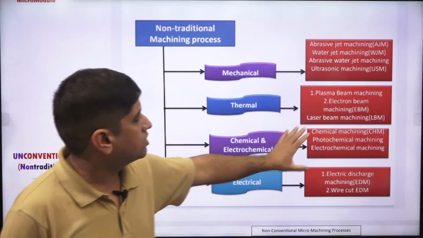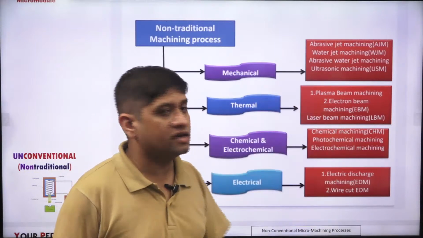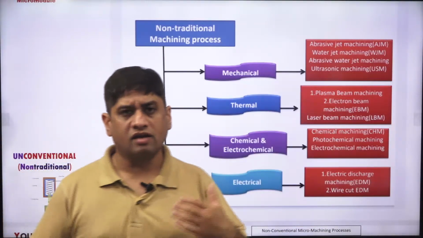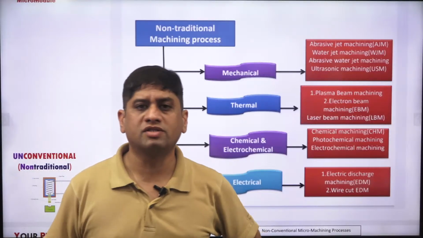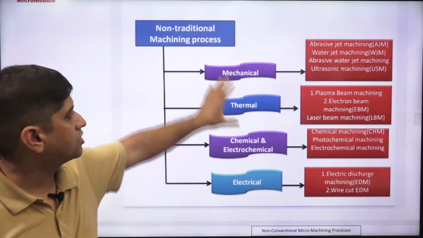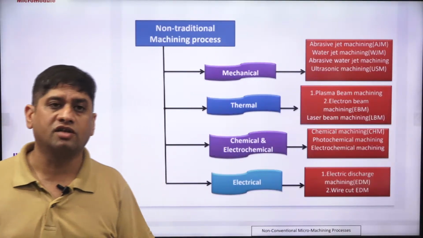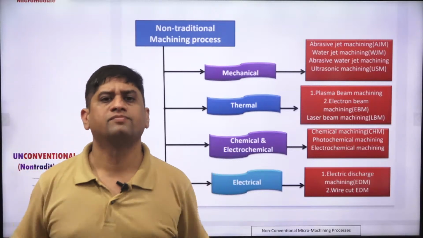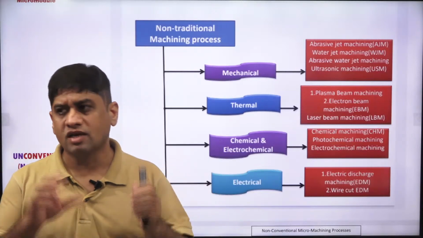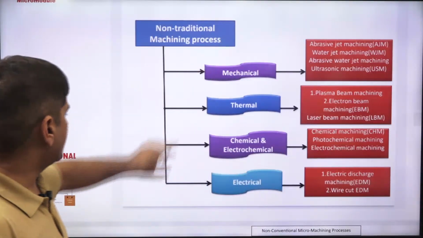Then there is thermal: electron beam, laser beam, plasma. Then in the mechanical processes, plastic deformation or erosion is the mode of material removal. This categorization is important. You should know how we divide the non-traditional machining processes, and into how many categories. This is one of the important slides.